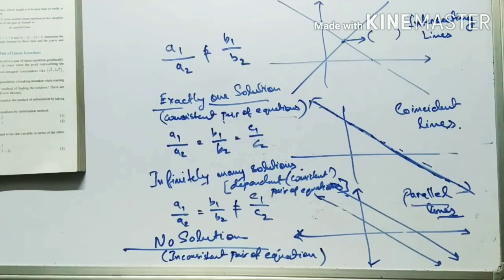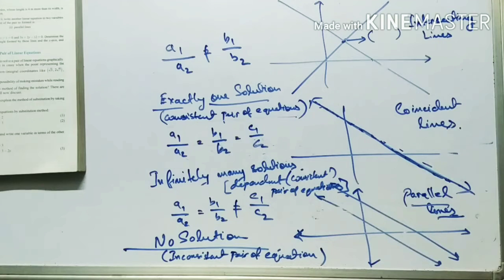So this chapter is about pair of linear equations in two variables. How to solve them, I have already given you: the substitution method, elimination method, and cross multiplication method. If you draw them graphically, you will get two straight lines.